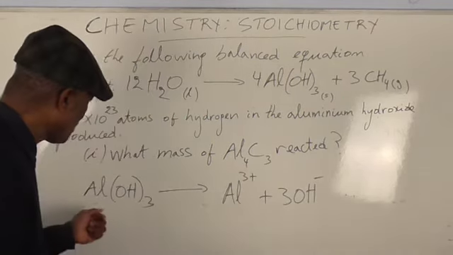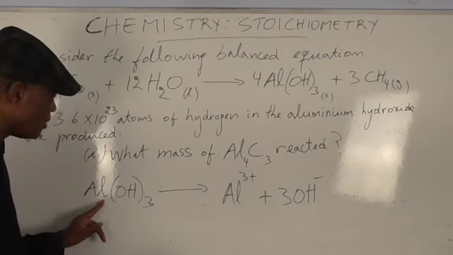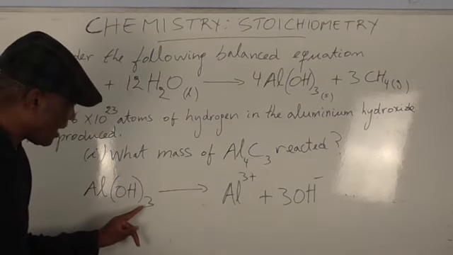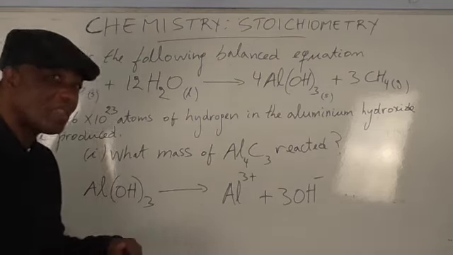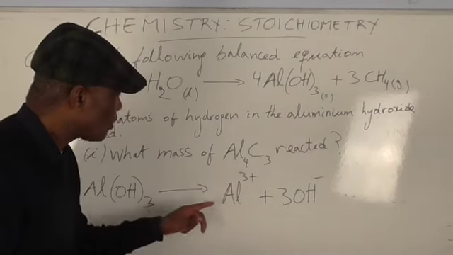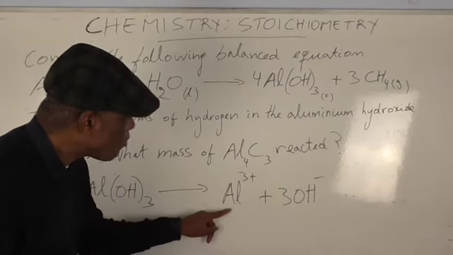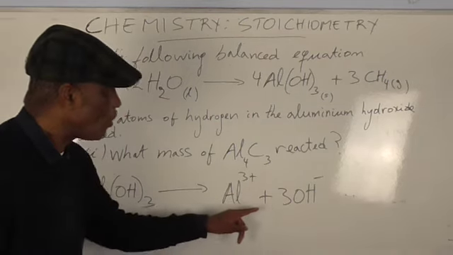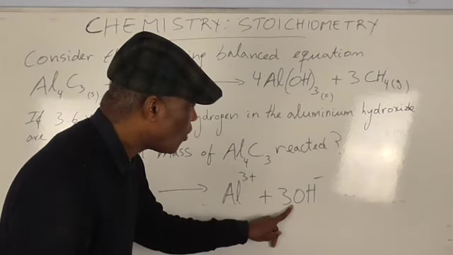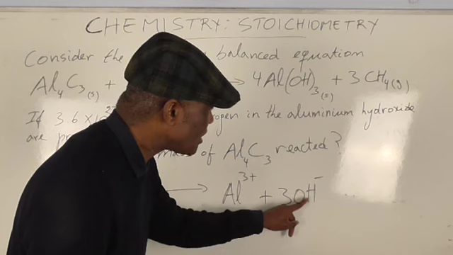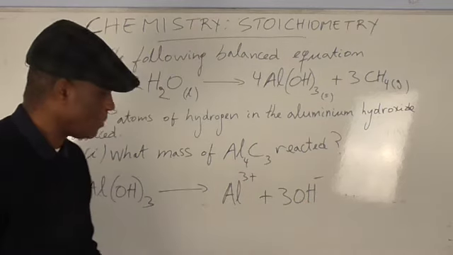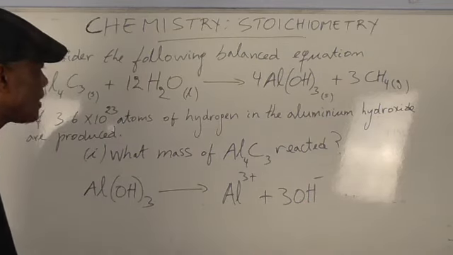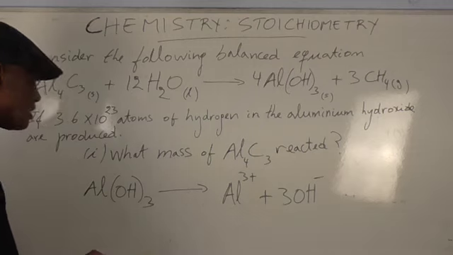I repeat, 1 mole of aluminium hydroxide, when it is dissociated, we are going to have 1 mole of aluminium ion plus 3 moles of OH minus ion.